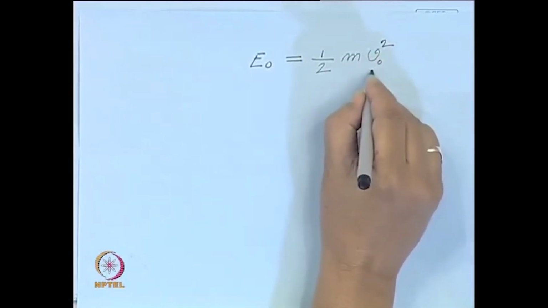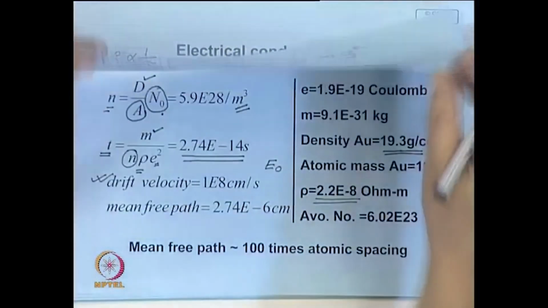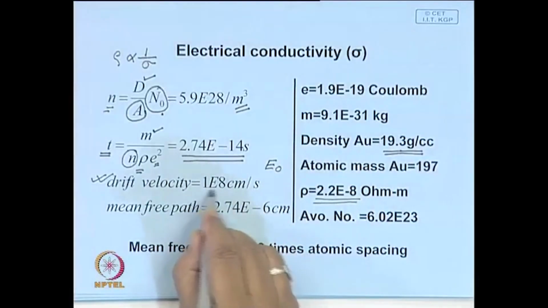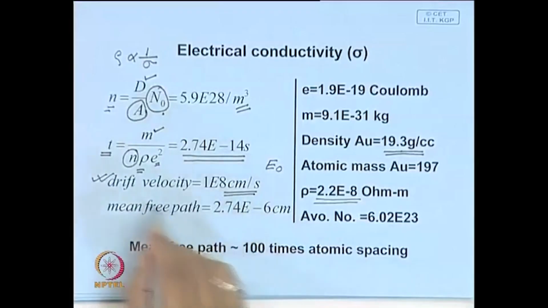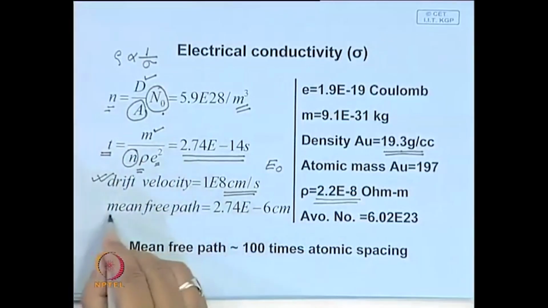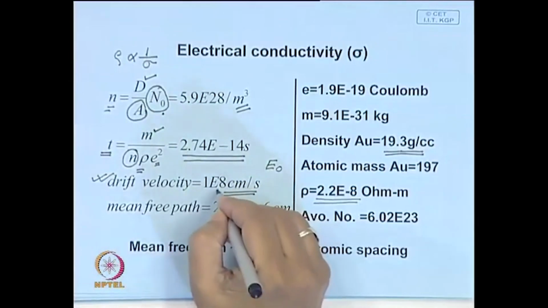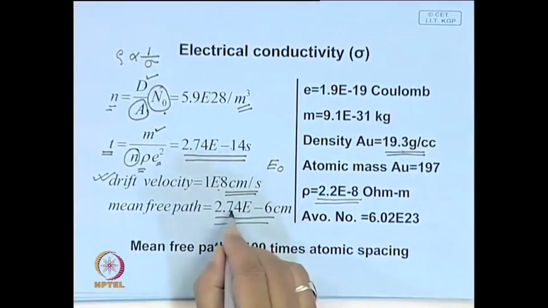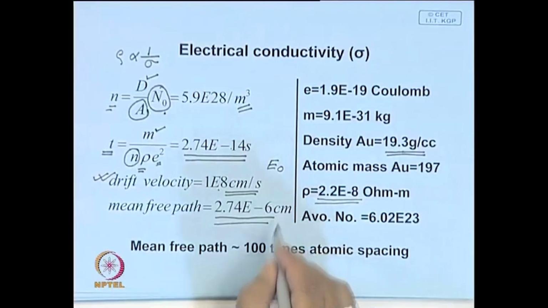So, from here it is possible to estimate the velocity. This is of the order of 10 to the power 8 centimeter per second. Therefore, if you multiply this and this, the mean free path of the electron is of the order of 10 to the power minus 6 centimeter.